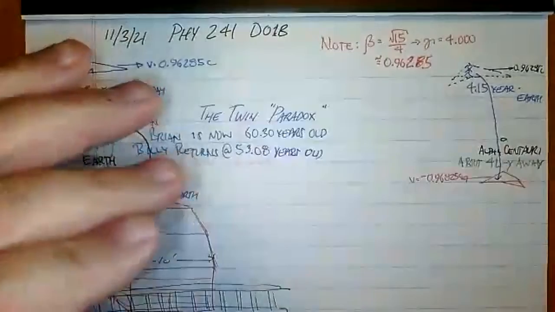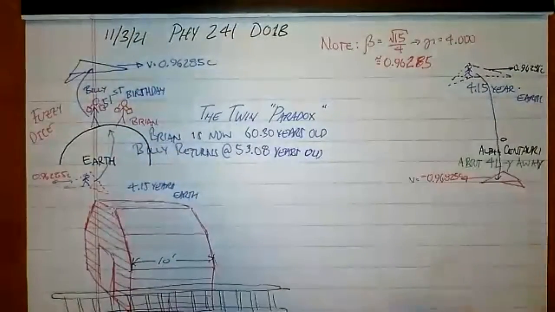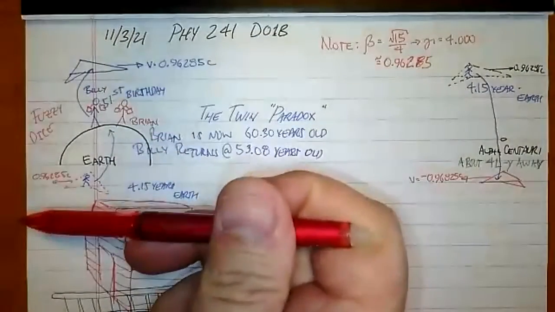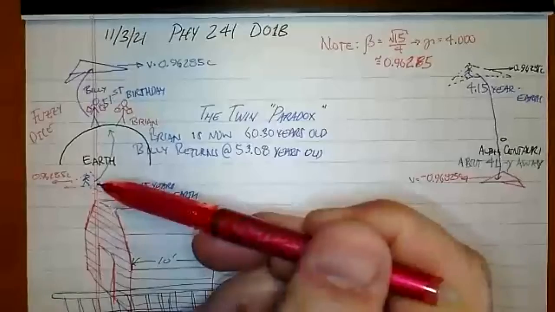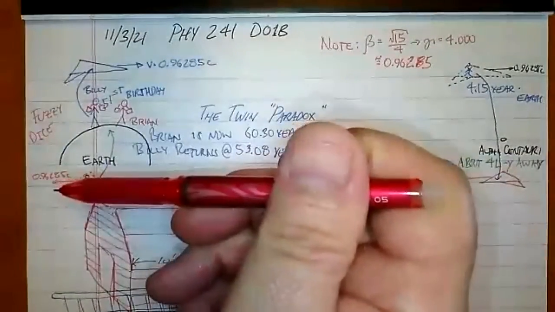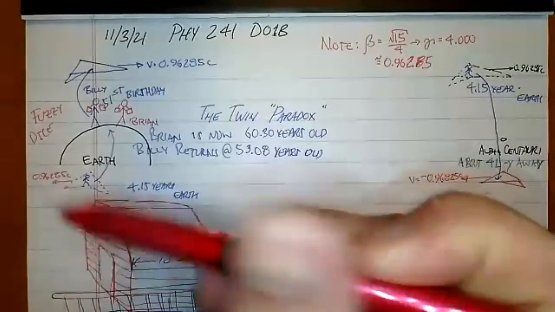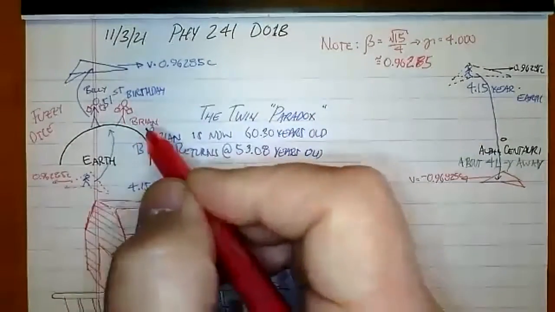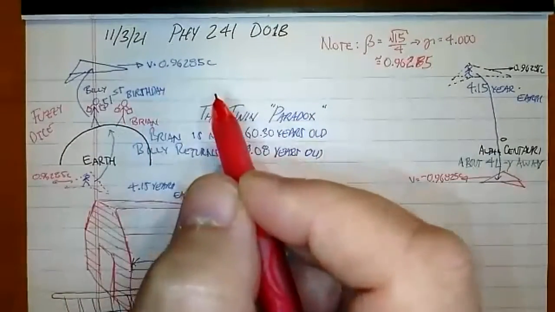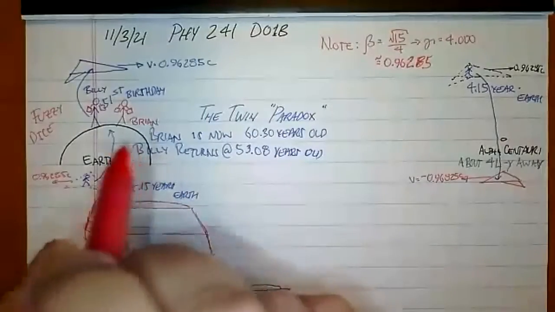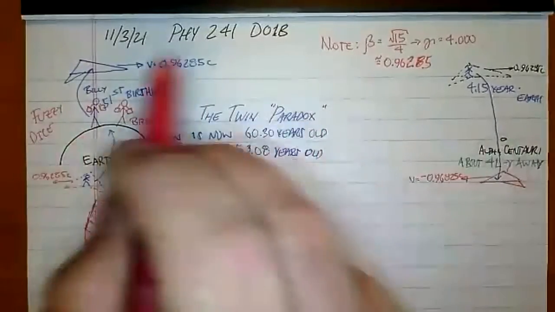Obviously, my fuzzy dice are going to swing that way again. And then when I get all the way back here, my fuzzy dice, when I teleport from here to here, they're going to swing that way again because they were going 0.96285 C, and now they're going 0. Meanwhile, my brother's fuzzy dice earrings didn't do a thing. So there's no paradox because there's no way that could have happened without us knowing.